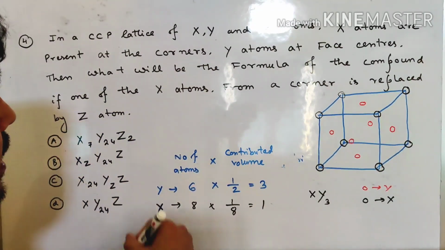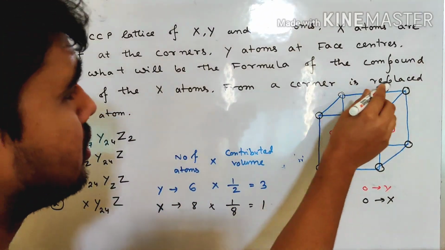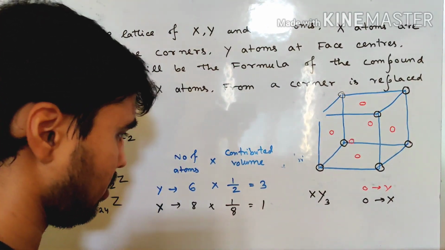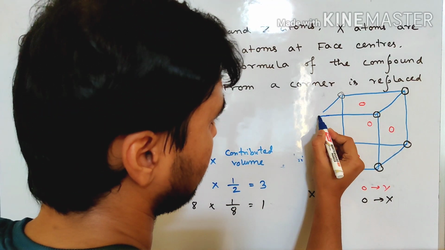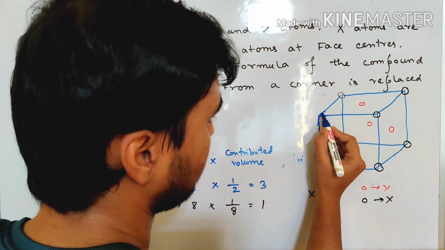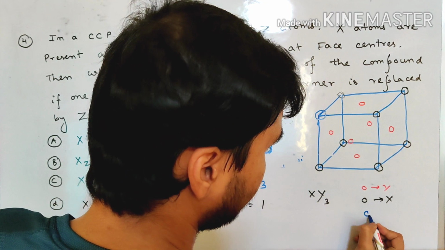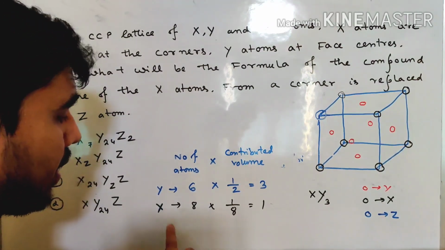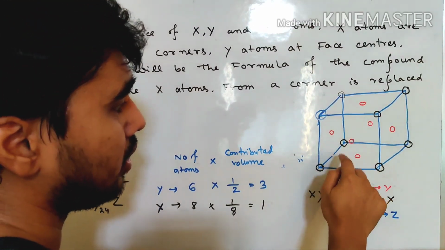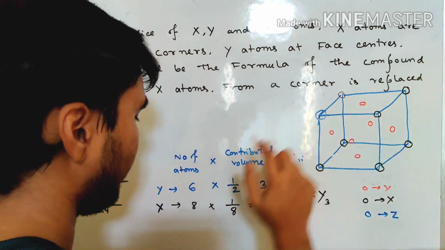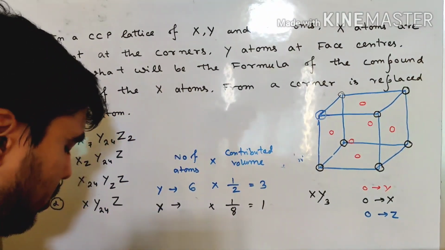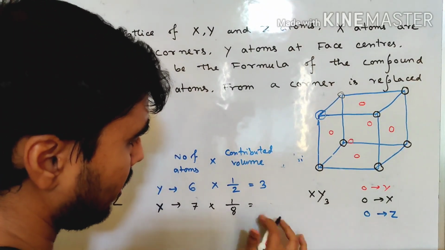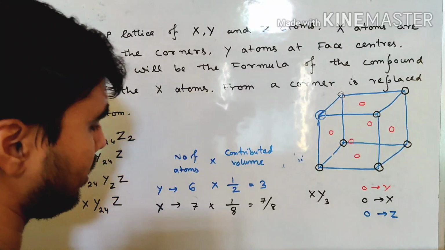See this case. Now, if one of the X atoms is replaced by Z, suppose any one of them, suppose this one is replaced by Z. Under this scenario, how many X will remain? It is 1, 2, 3, 4, 5, 6, 7 only. So here the number of atoms will be 7 and this value will be 7 by 8, right?